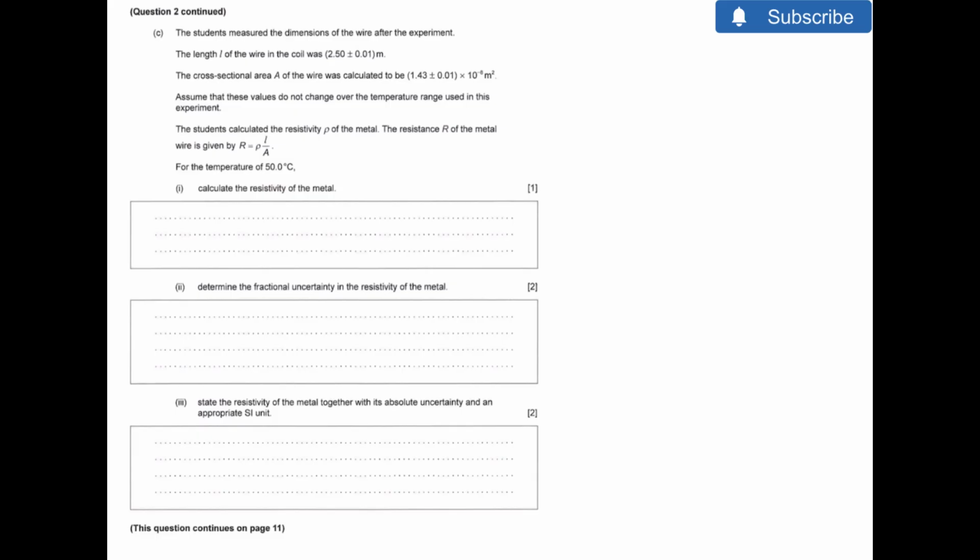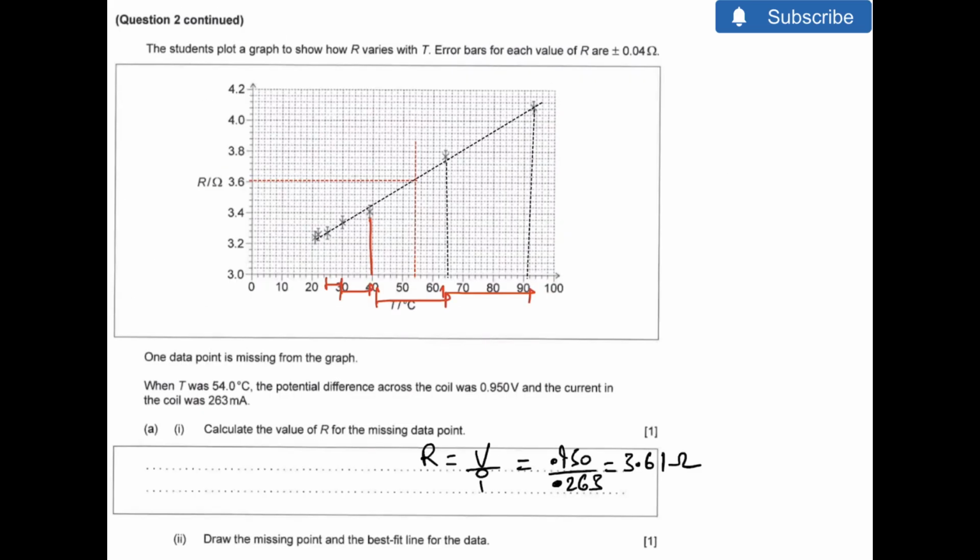So obviously at 50 degrees Celsius, you can see the value of resistance is 3.6 minus 0.04 at 50 degrees Celsius. So it would be 3.56.